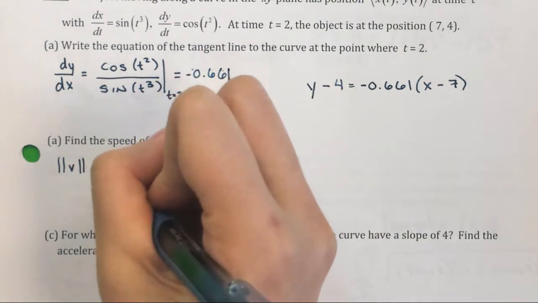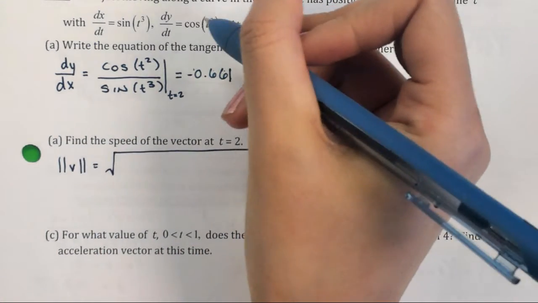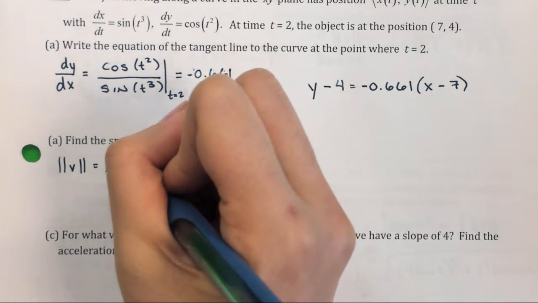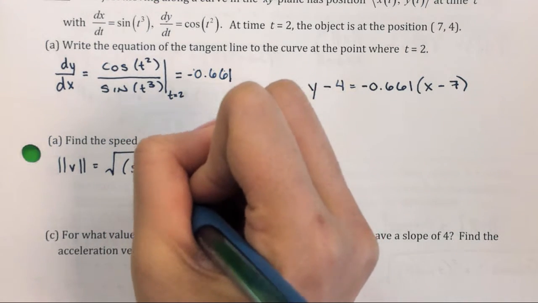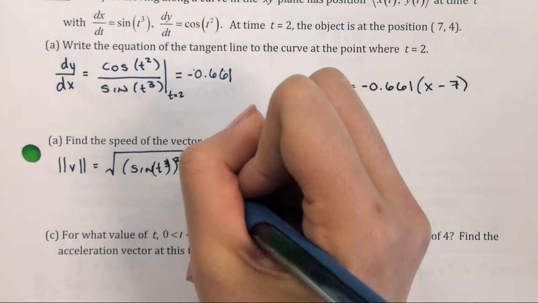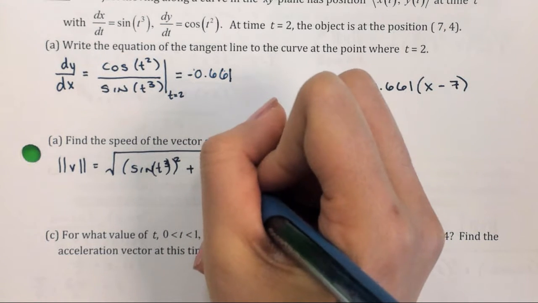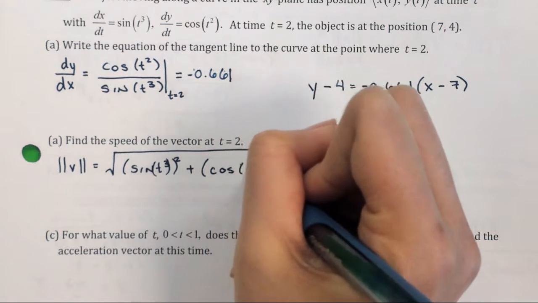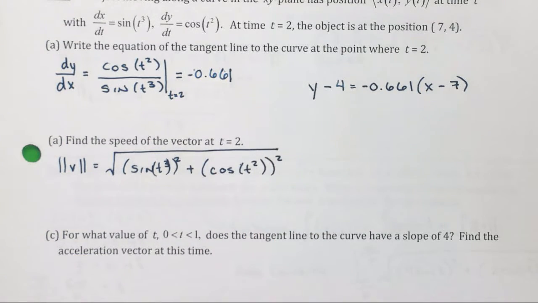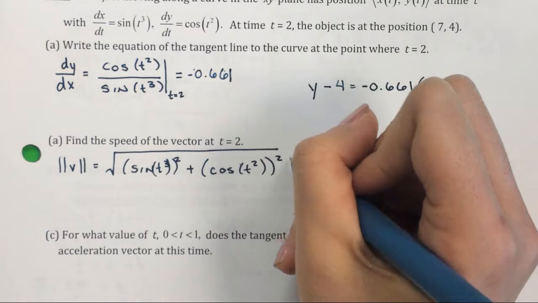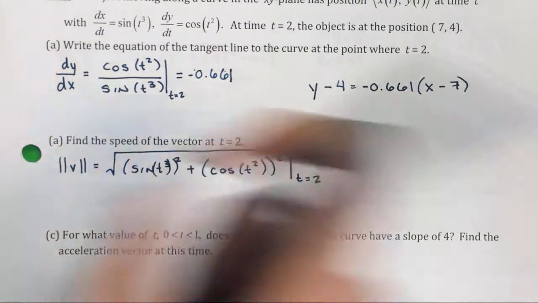So we do the square root of dx/dt squared plus dy/dt squared. And then we plug in at t equals 2. So maybe I should plug in at t equals 2.